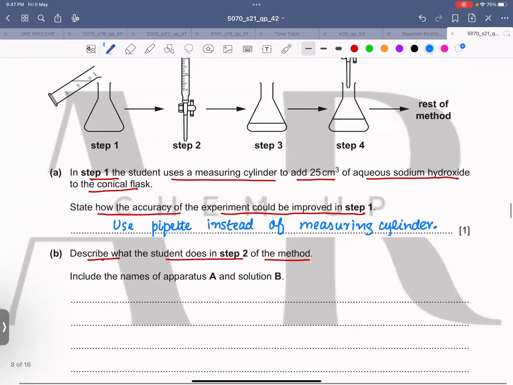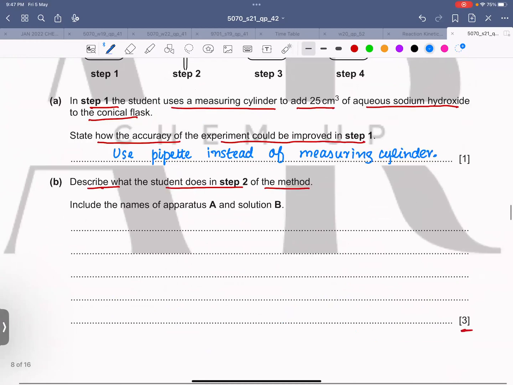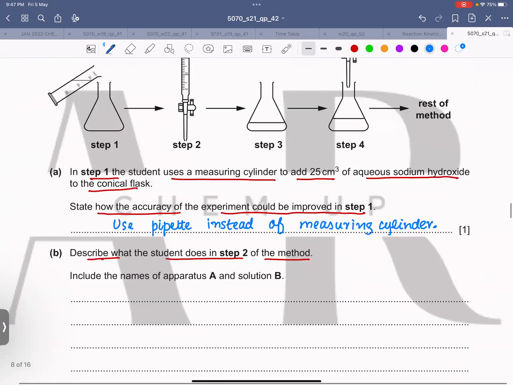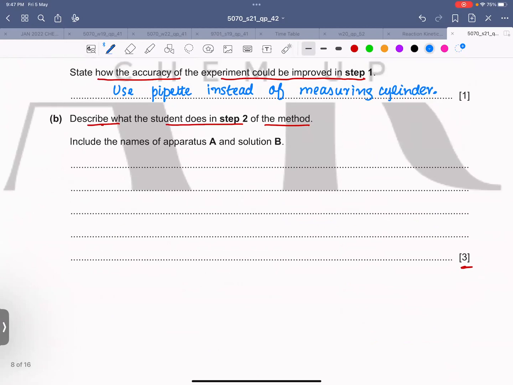So if we have added the sodium hydroxide in step 1 in the conical flask, then in step 2, they have said to include the names of apparatus A and solution B. Okay, so B is hydrochloric acid, and A is burette.